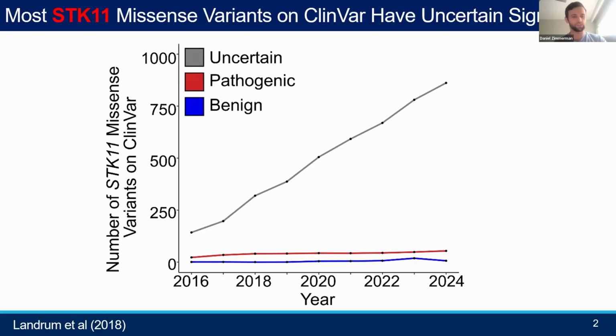There are almost 1,000 different unique missense variants of uncertain significance in STK11, and what we're hoping to do is address this problem and invert this curve, to provide new evidence for these variants of uncertain significance and hopefully help reclassify them towards pathogenicity or benignity.